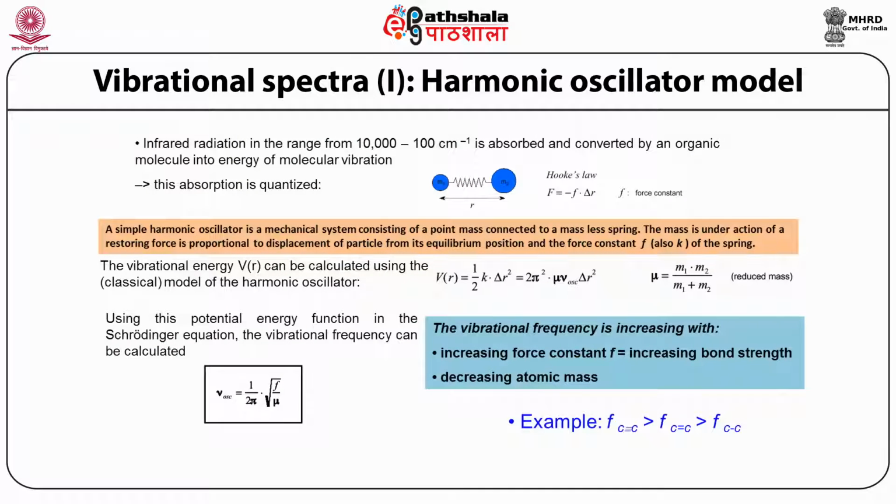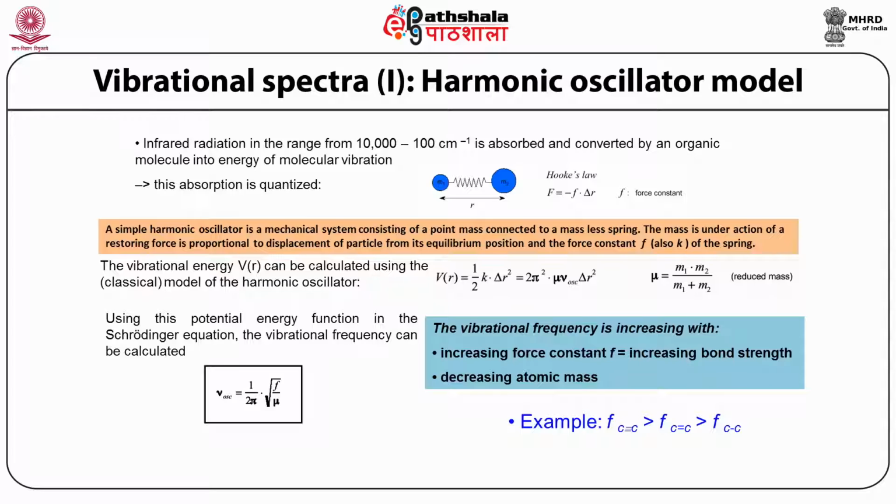We discuss vibrational spectra and the harmonic oscillator model. Infrared radiation in the range of 10 to 1000 per centimeter is absorbed and converted by an organic molecule into energy of molecular vibration. This absorption is quantized.